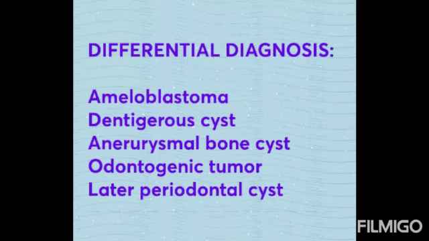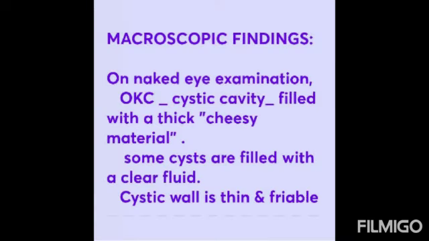In OKC, we have to differentiate these features. In differential diagnosis, the first one is ameloblastoma, which is a benign tumor, and dentigerous cyst, which also occurs in the angle of the mandible, and aneurysmal bone cyst, odontogenic tumor, and lateral periodontal cyst.